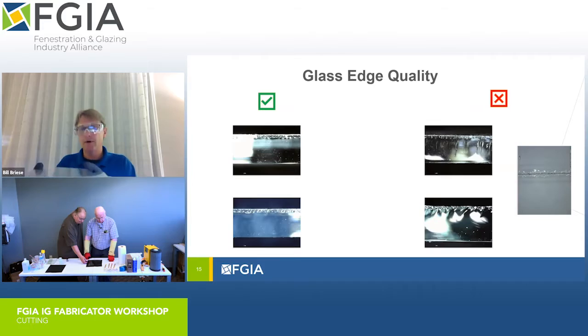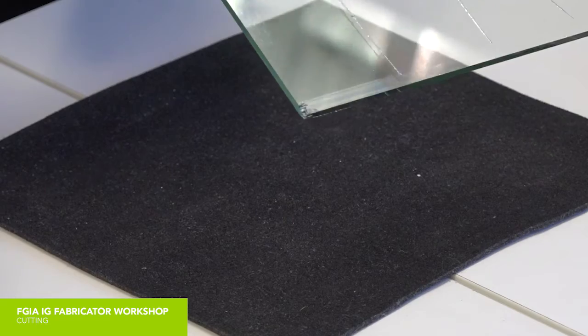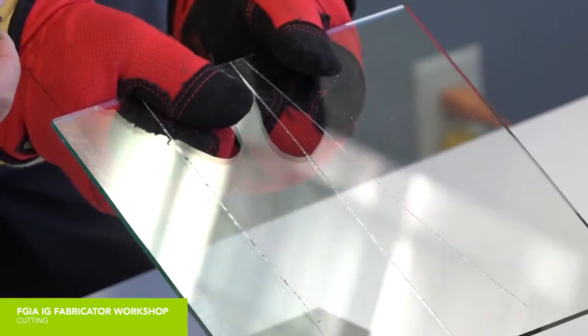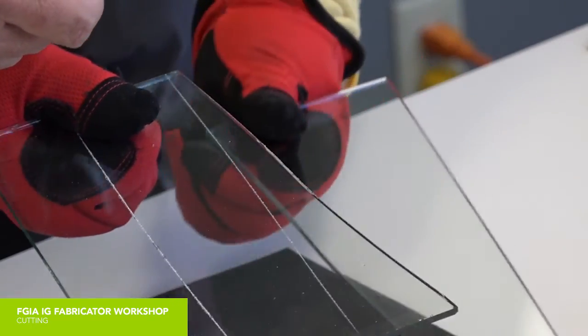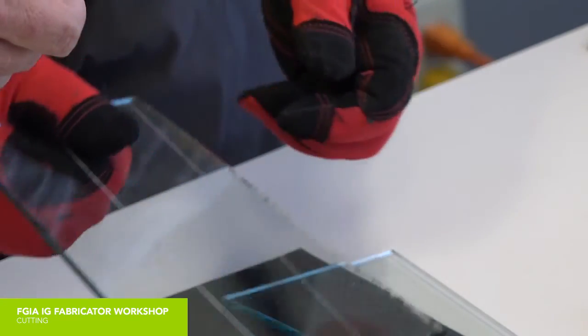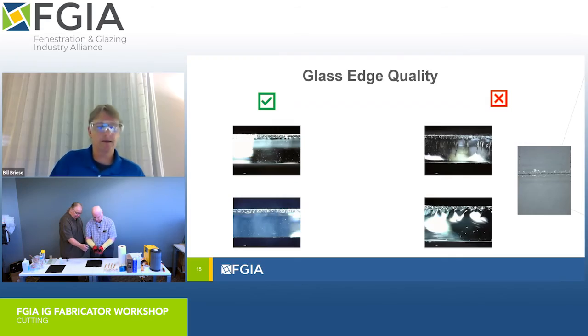So now I'd like you to curl your fingers around and try to break the 127. Okay, I could break it. No, it's not breaking. And then set it down and go to the next one and break the 145. Wow, that broke a lot easier. And now go to the 155. Spin it around.